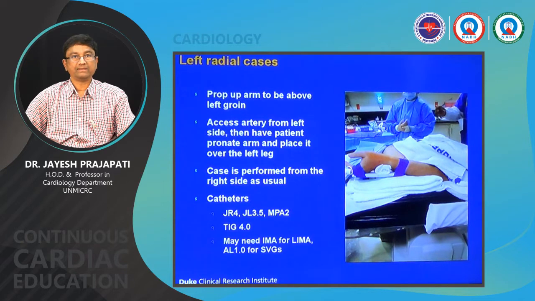AL2, multipurpose, JR, and for intervention you can use a Lima catheter, or an extra backup catheter, or even a short-tip JL catheter, and you can perform the intervention via the radial route, either left or right. Sometimes the Ikari catheter is dedicated, or the Patel catheter; there are also dedicated radial catheters that you can use.